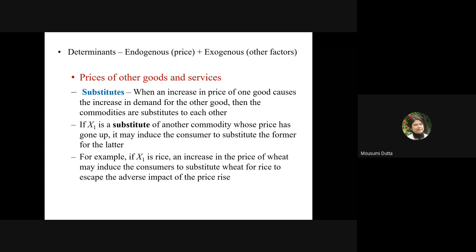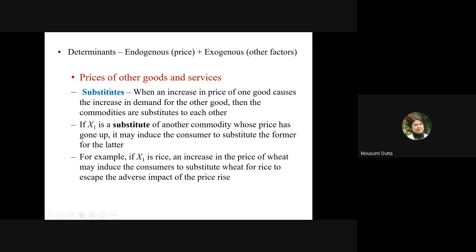Okay. So all these things are exogenous. So you can keep all these things constant. You can change one at a time. These things will happen, and this will make a shift of the demand curve. So we will come to these points. So next we are coming to the exogenous determinants.